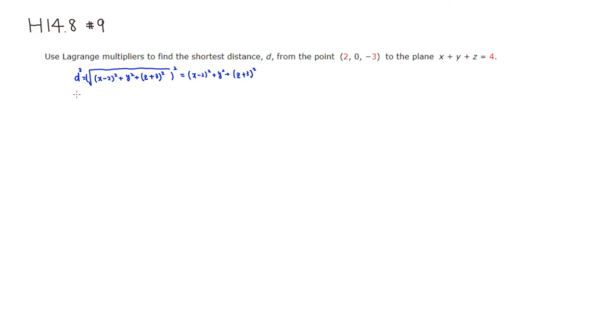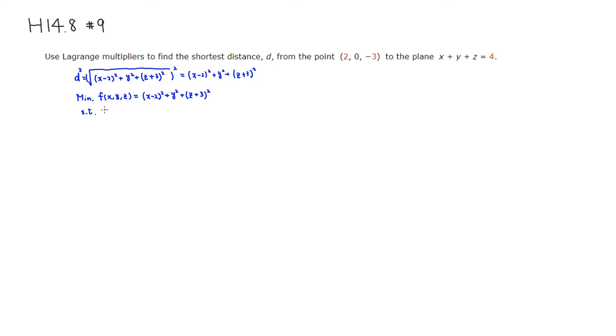So we want to minimize the function f of x, y, z, which is exactly (x minus 2) squared plus y squared plus (z plus 3) squared, subject to the constraint that this point has to be on the plane.